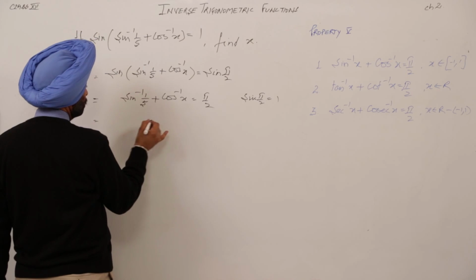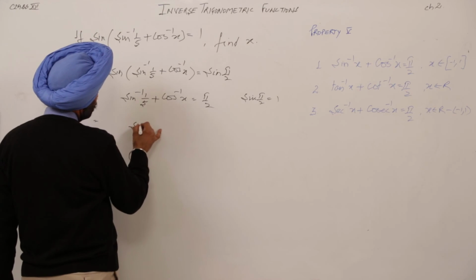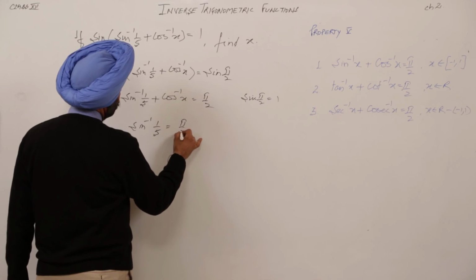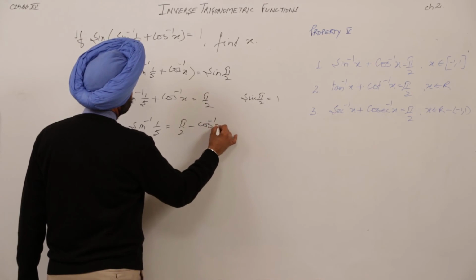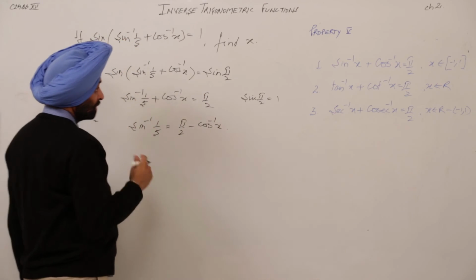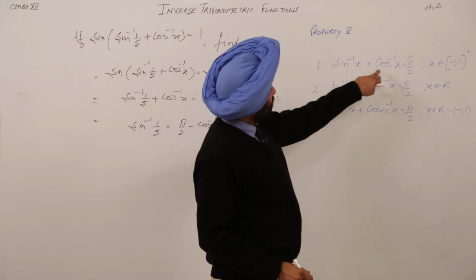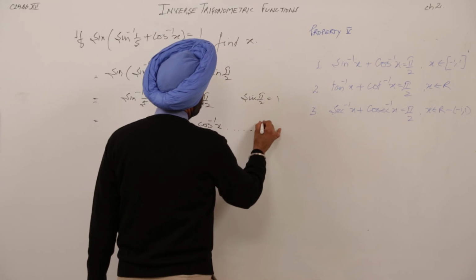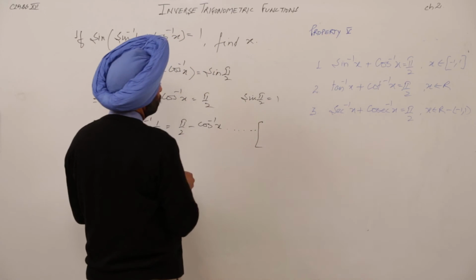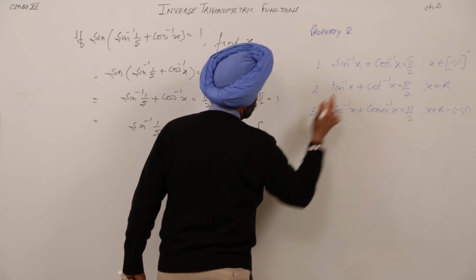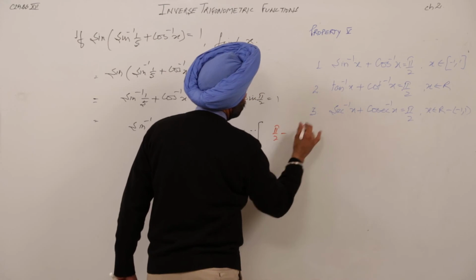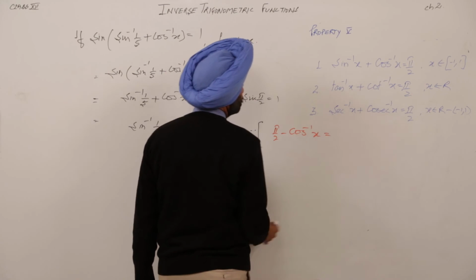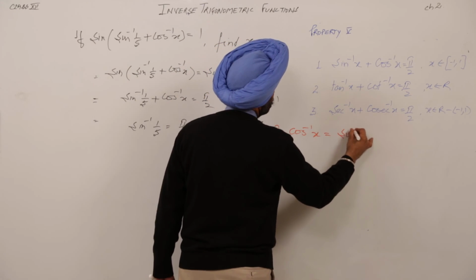Now can I write sin inverse 1 by 5 is equal to pi by 2 minus cos inverse x? Just check the first property: sin inverse x plus cos inverse x is equal to pi by 2. From here, cos inverse x shifts to that side, and the result is sin inverse x.